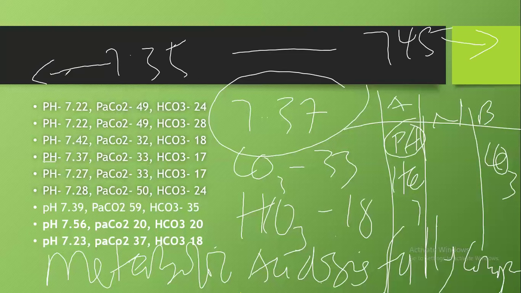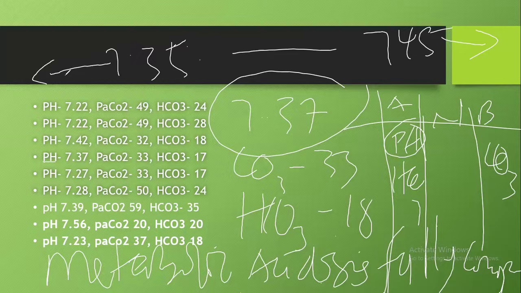But if it is full compensation, the figure should fall within 7.35 to 7.45. Then based on which side it is leaning towards, it will tell you whether it is fully compensated acid or fully compensated base. Are you getting the point here? Yes, I get it clear. Thank you very much.